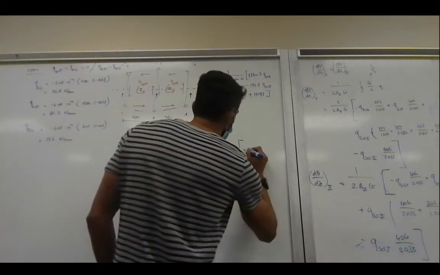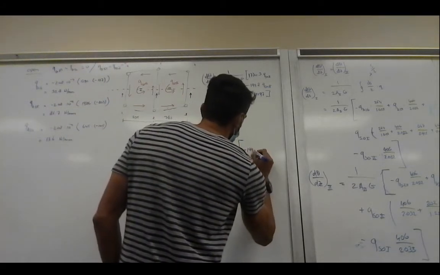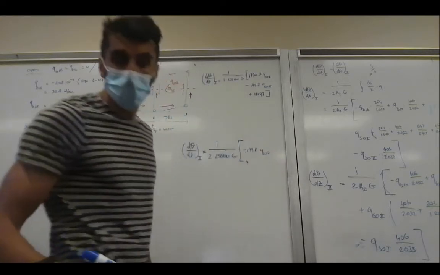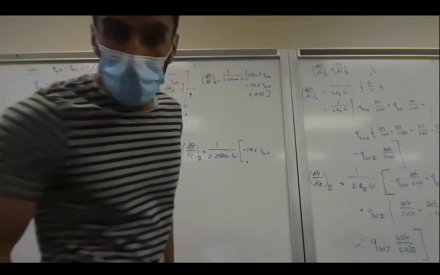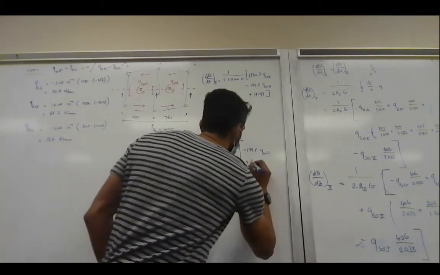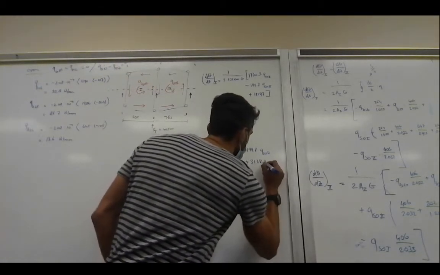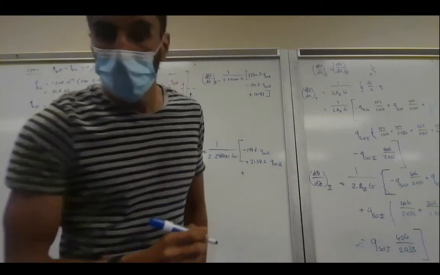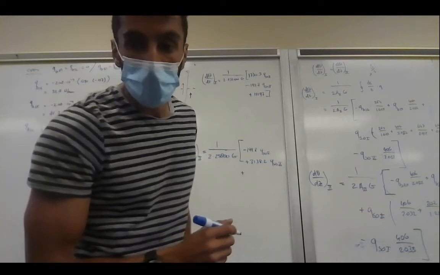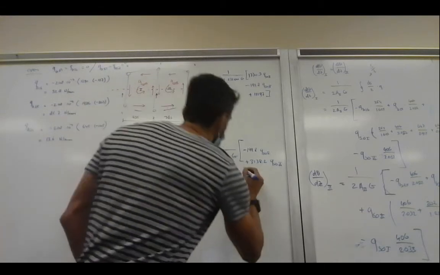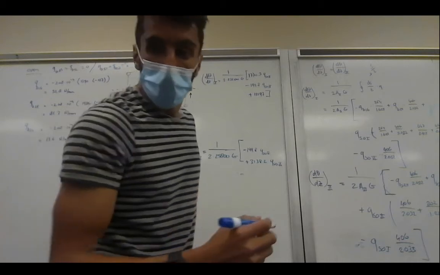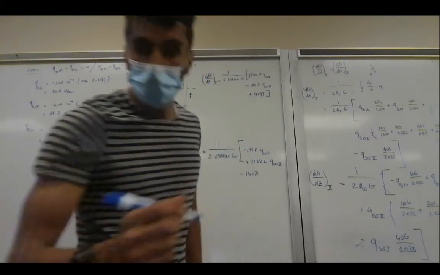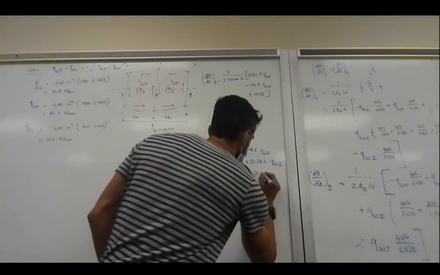So we get here negative 199.8 QS01 plus 33,138.2 QS02 plus, in this case, negative 14,000 71.5.